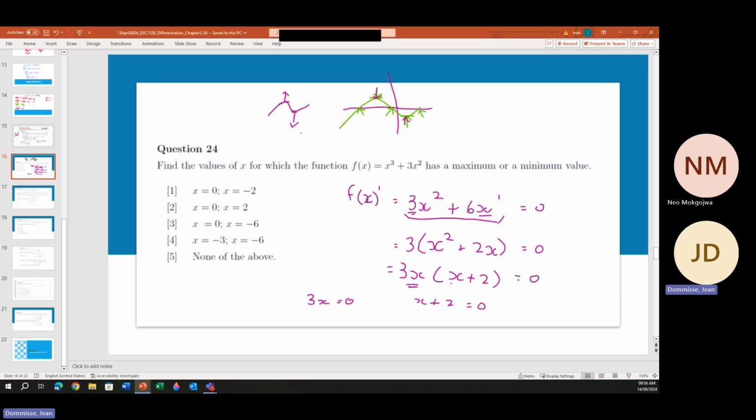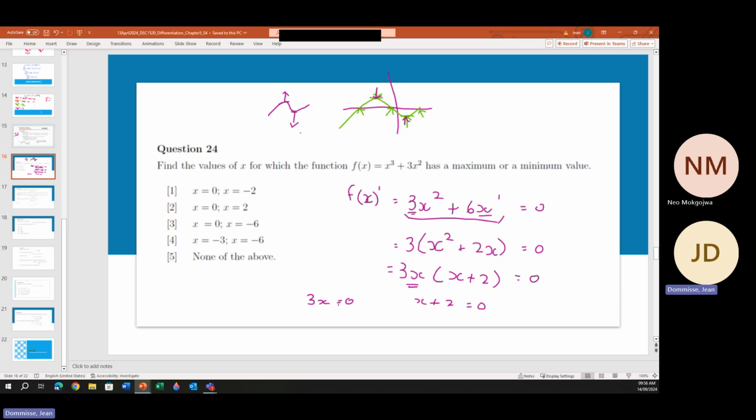So it's easier to say that 3x can be 0. Then we don't worry about what the x plus 2 is, because it will automatically be 0 when you multiply. Or if the x plus 2 is 0, then again we don't worry what the 3x is, because the x plus 2 will be 0. So anything times 0 will give us 0.